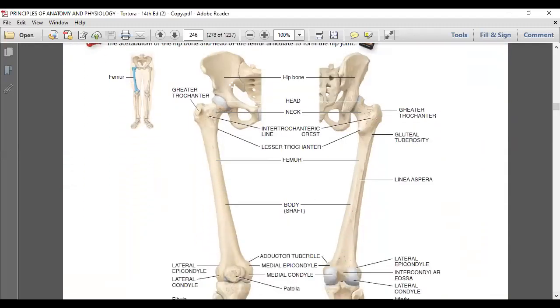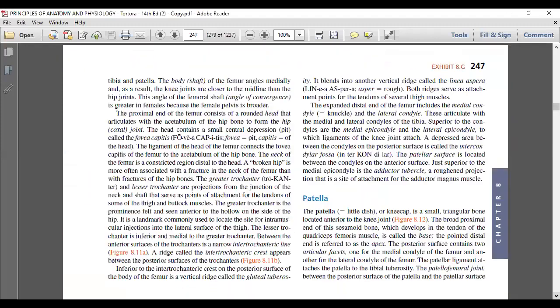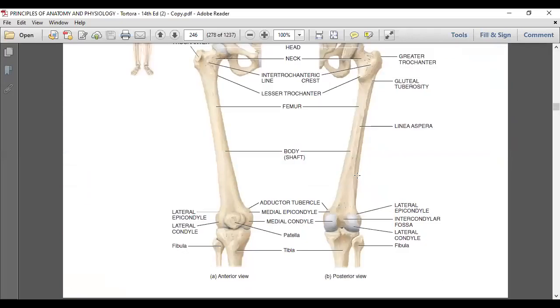You can see the head of the femur fits into the acetabulum of the pelvic girdle here, which forms the ball and socket joint. Then one more. In the posterior view, you can see clearly a joint between the femur and the tibia, fibula, particularly tibia.